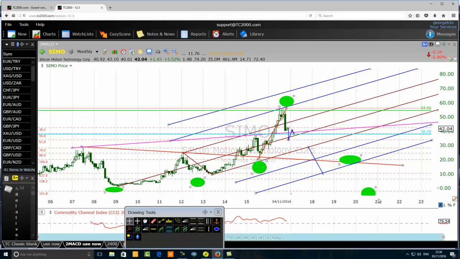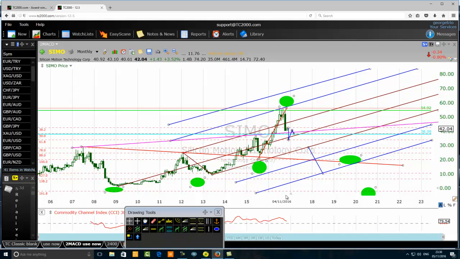So you can see that all the decisions that the professionals are making are here. They are using the Pitchfork tool, and they are also using Fibonacci. This is how advanced technical traders are trading Silicon Motion Technology. So remember, you want to use Fibonacci extension.